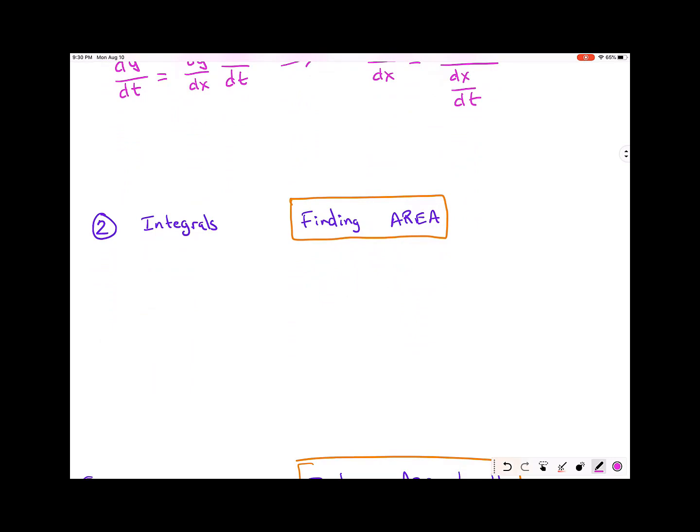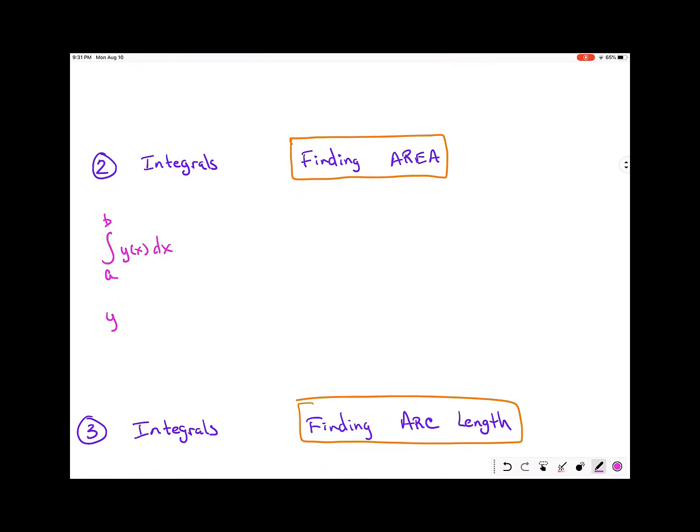Number two, integrals. We can find the area. I know that if I integrate from a to b of y of x dx, and I have a function y of t, then I can just plug in the values for x in terms of t. So I make y a function of t.